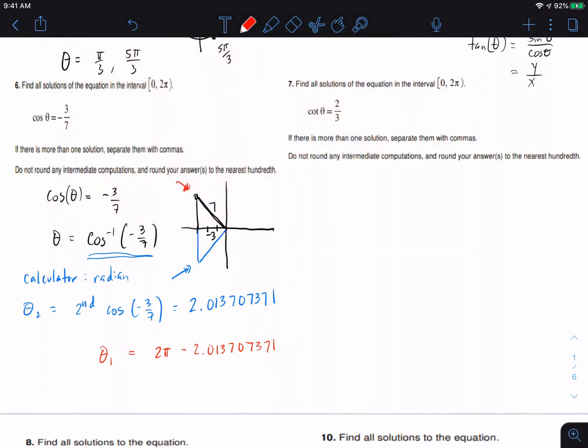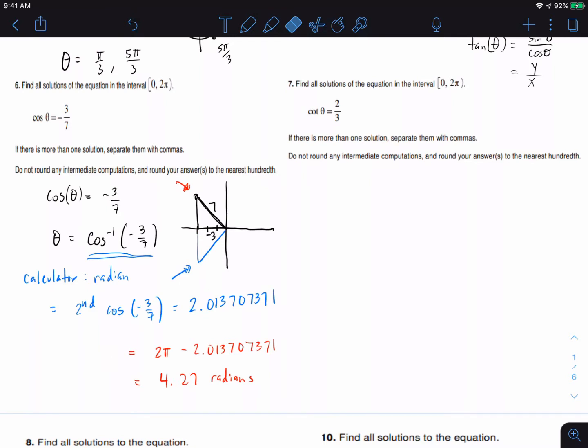Now with your calculator, you'll go 2 pi minus the answer that you got, and you should get 4.27 radians. Ooh, I'm silly.